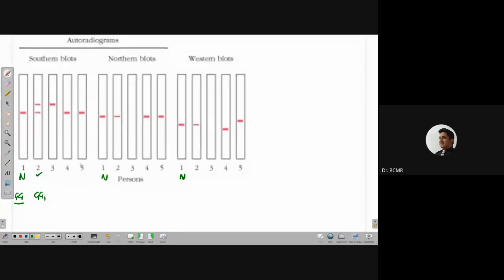From the Northern blot, it is apparent that for some reason G1 does not have transcription. In person 2 one would have expected half the transcription, which means G1 has no transcription.